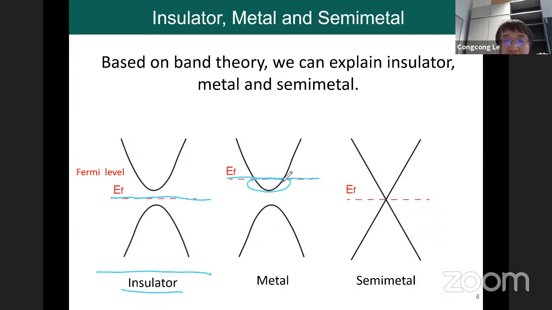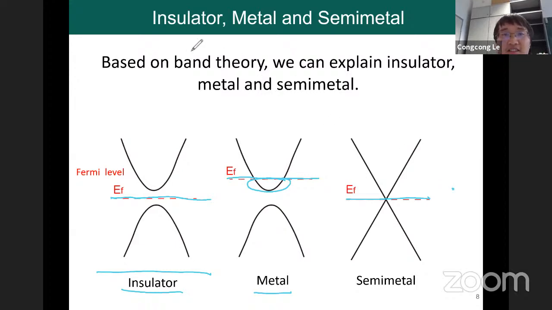So in this case it is a metal. The last case: if the Fermi level crosses a point, because the Fermi level is at a point, we call this a semimetal.